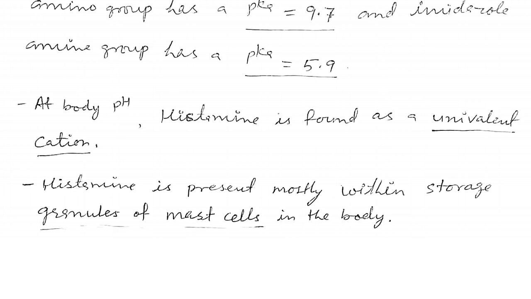At our body pH, that is the blood pH of 7.4, histamine is present as a univalent cation. Univalent cation means the amino group, because of its basic nature, accepts a proton from the blood or fluid or water present in our body. That is why it is basic in nature and present as a univalent cation.